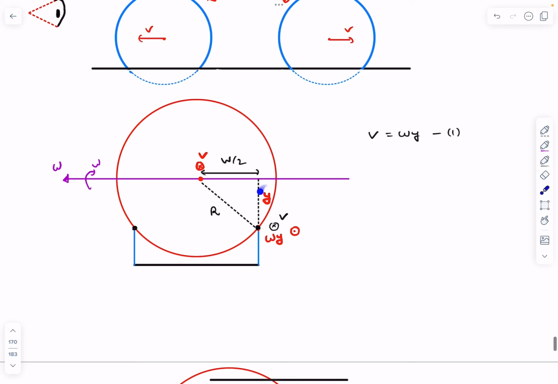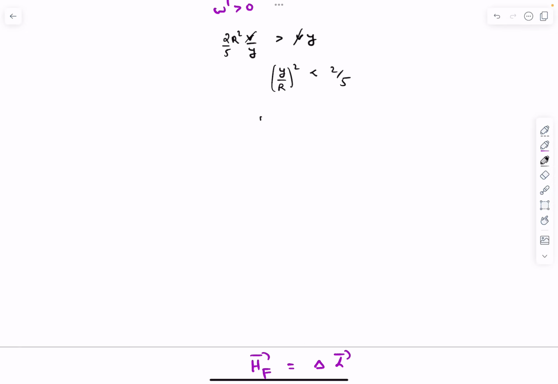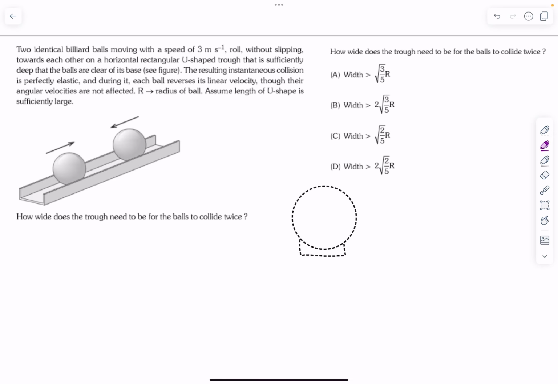Now y squared we can write as r squared minus w by 2 whole squared, so this becomes 1 minus w by 2r whole squared less than 2 by 5. After solving the expression, we get that the width should be greater than 2r times square root of 3 by 5. So that would be option B.